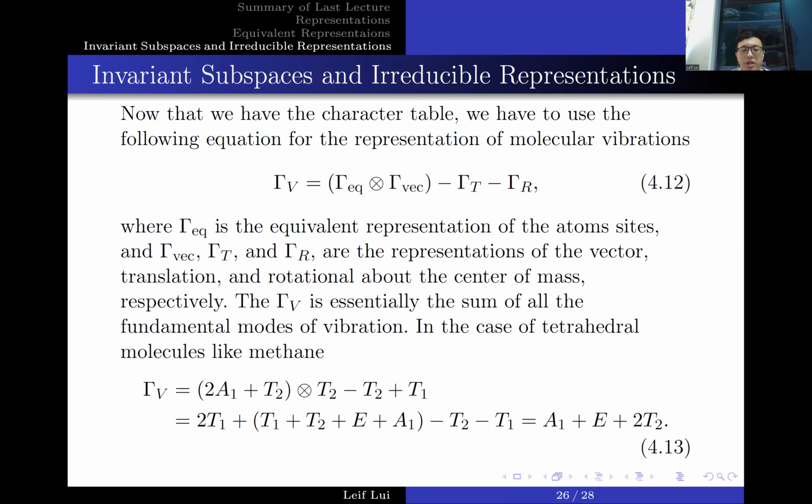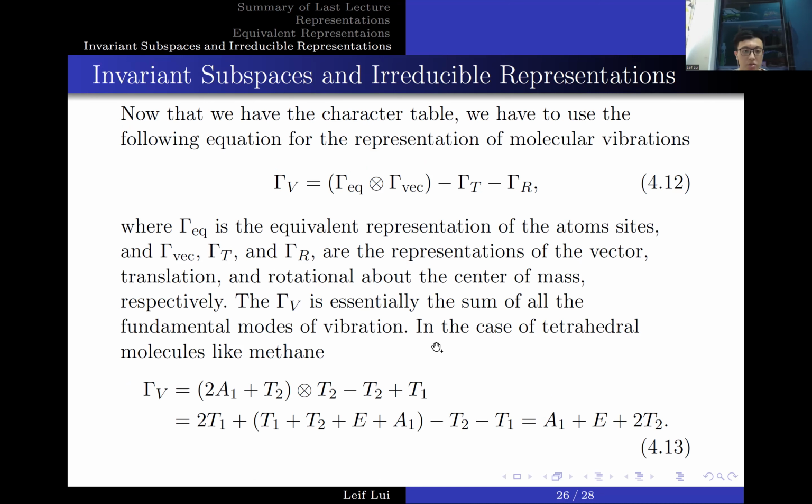So now that we have the character tables, we use the following equation to deduce the representations for the molecular vibration, where gamma sub EQ is the equivalent representation of the atom site, and gamma sub vec, gamma sub t, and gamma sub r are the representations of the vector, translation, and rotation. Sorry, this should just be rotation, not rotational. So rotations about the center of mass. And gamma sub v is essentially the sum of all fundamental modes of vibration.